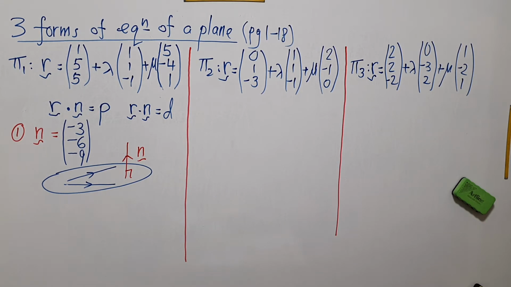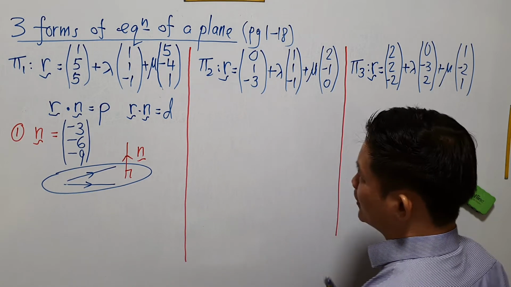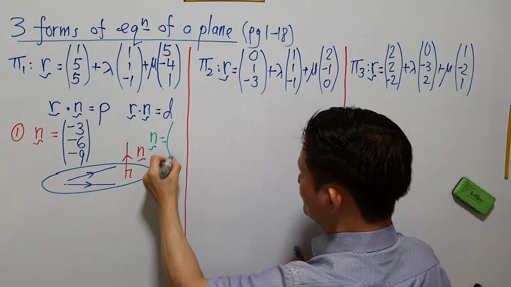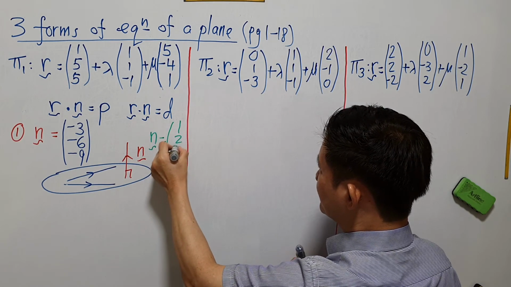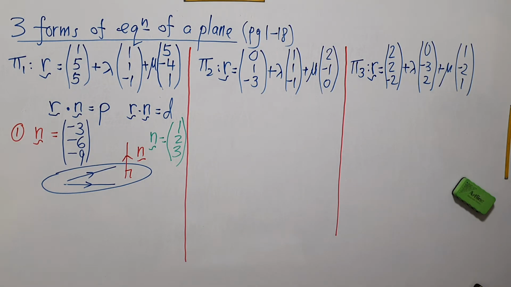Typically, when you conduct a cross product like this, if you get a number that can potentially be reduced, then people might choose, instead of using this vector, to take n as 1, 2, 3.